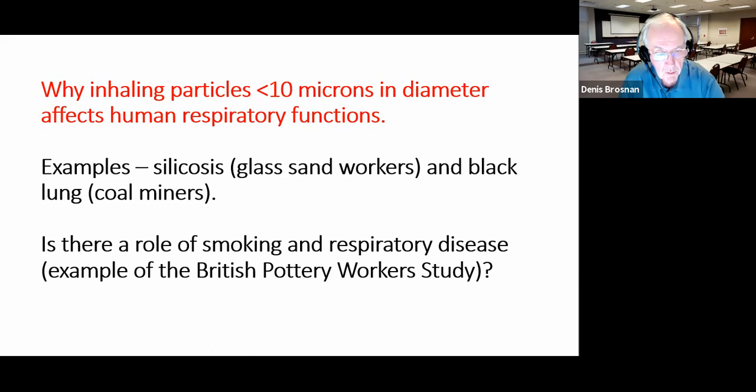I worked in research associated with one plant that was processing crystalline silica powders. A lot of workers in the plant wouldn't wear a dust mask, even though it was very dusty in the plant, and I couldn't figure out why. So one day I asked one of the guys why he wasn't wearing a dust mask.